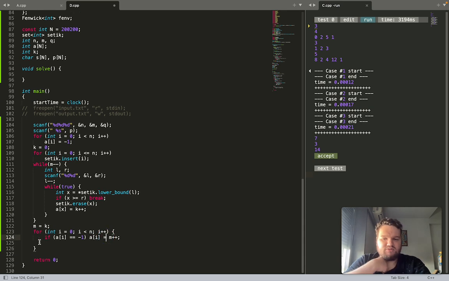So the position I actually is A_i by importance, and so we will put the character that was on position I to this position.